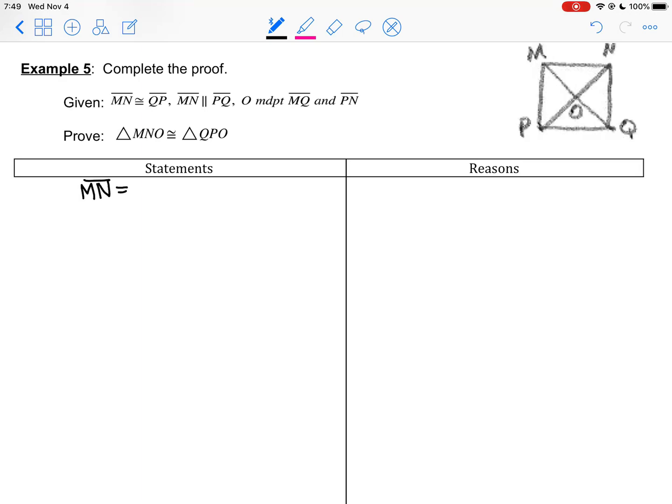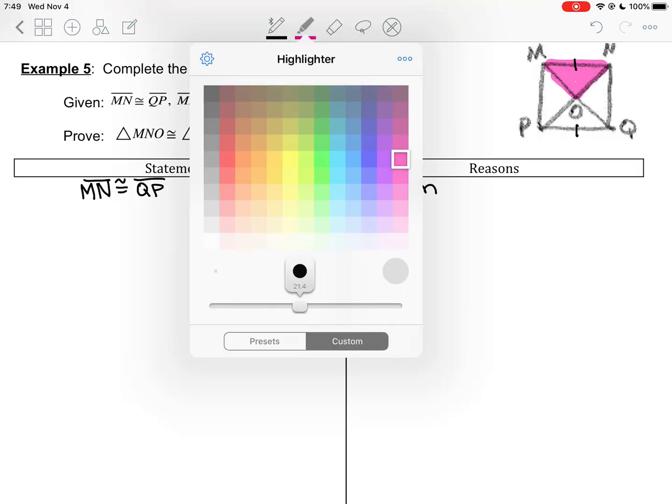So MN is congruent to QP. So once I write it down and give it my reason in my proof, I'm going to go on and mark it. So segment MN is congruent to QP. So our goal here is going to be to say that triangle MNO is congruent to triangle QPO.